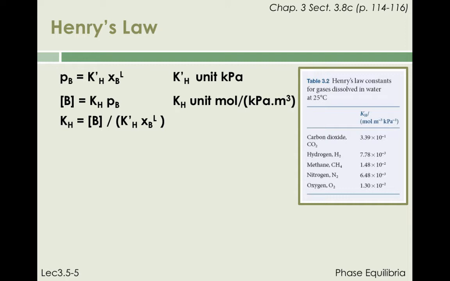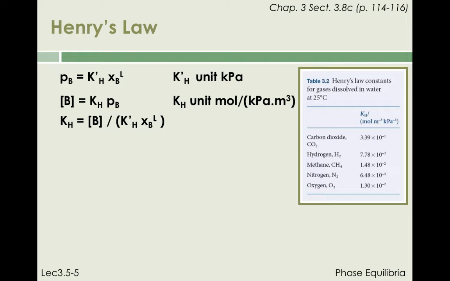Now you may ask, given a value of Henry's constant, which Henry's law should we use? The answer is simple. We must look at the units given for the Henry's constant. If the units of Henry's constant are units of pressure, then Henry's law should be expressed as P_B equal K prime sub H times X_B^L.